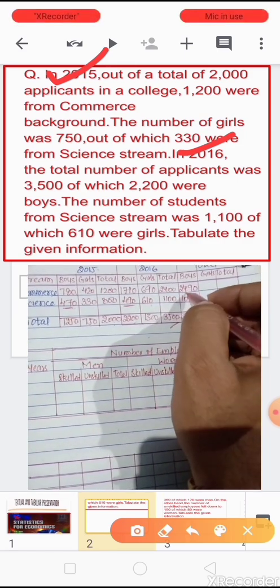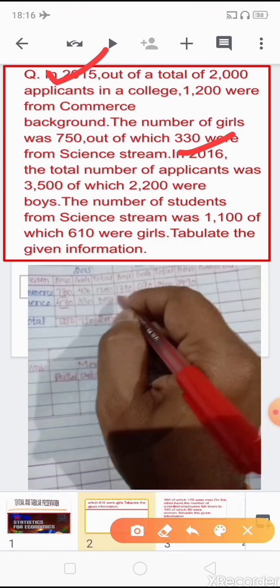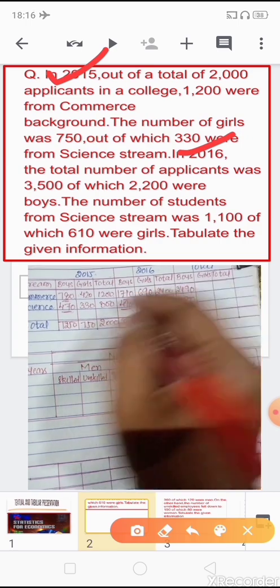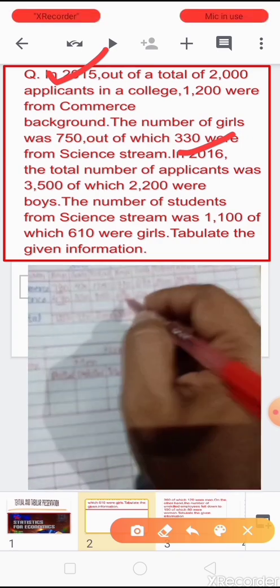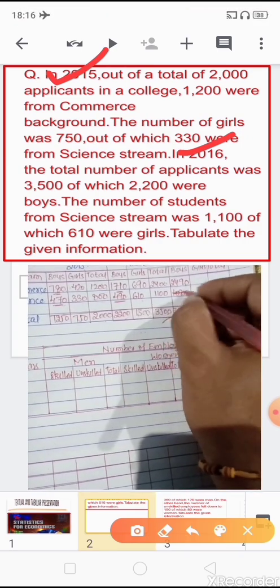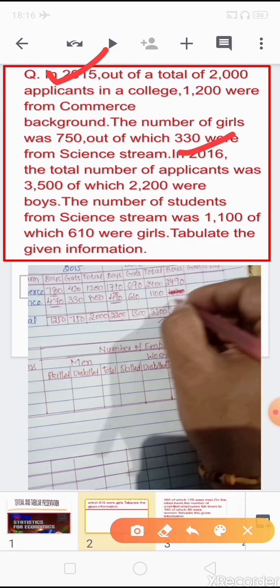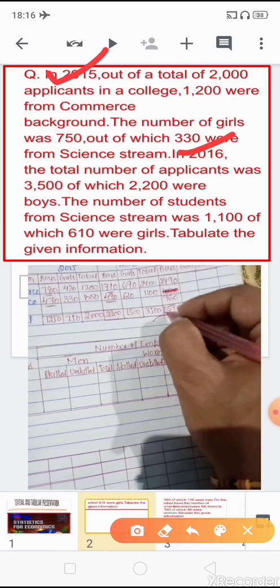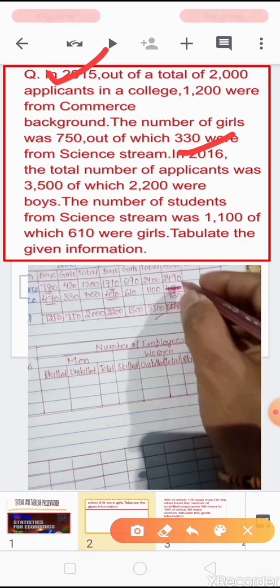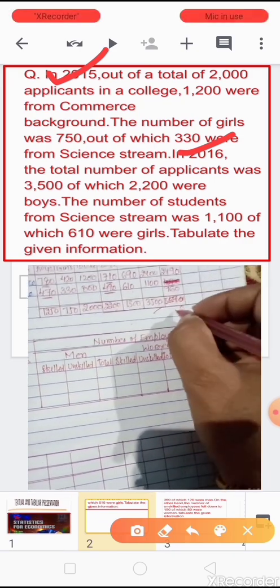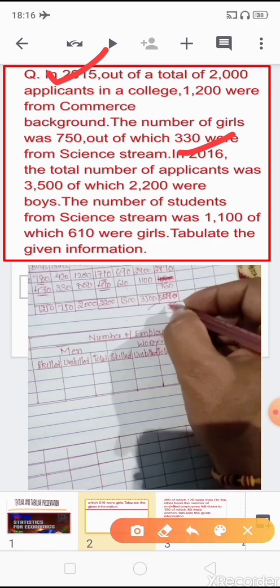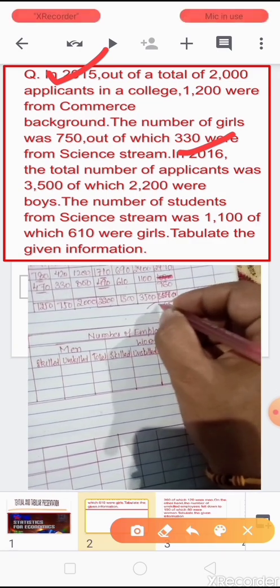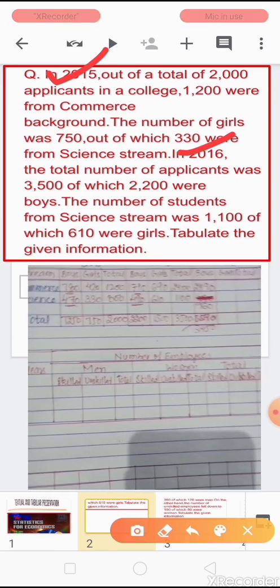As for boys, we have added this one with this, therefore the values are right. Now we have to add 470 with 490, so it is not 1000, it is 960. So 960 plus this value, it is 3450.